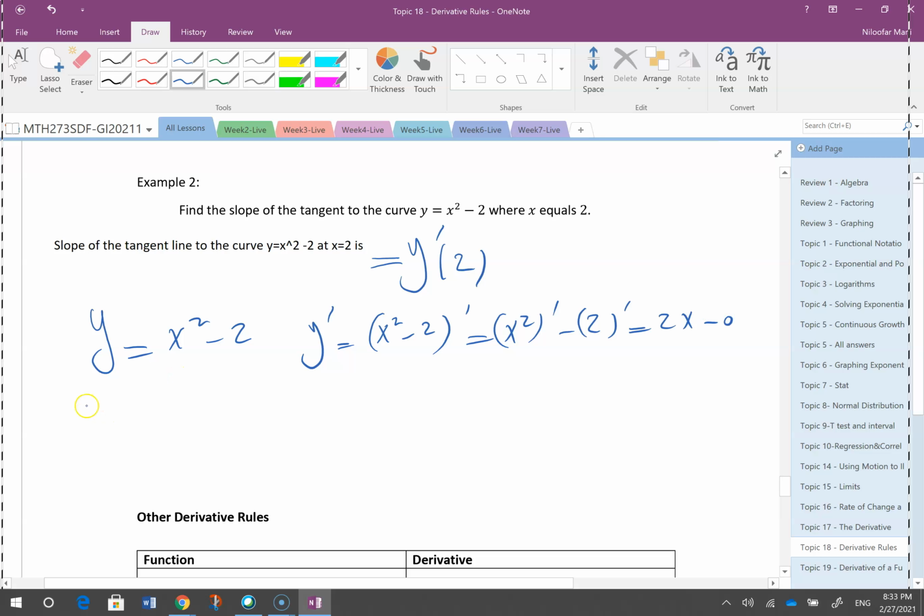So y prime is 2x. So y prime at 2 is 2 times 2, which is 4. That's the slope of the tangent line to this curve at this point. So you would say the slope of the tangent line to this curve at this point is equal to 4.